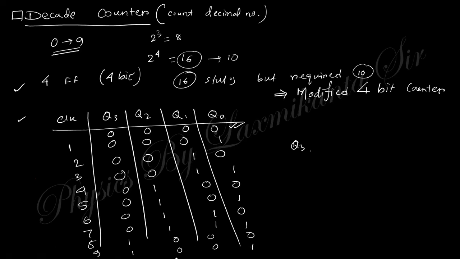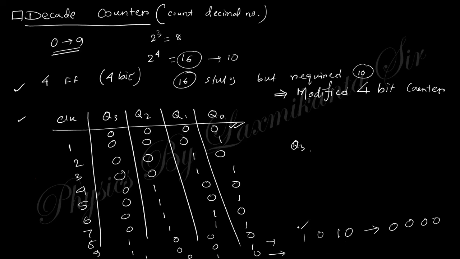Actually for next state, this becomes 0, 0, 0. So next state was 1, 0, 1, 0. This must be changed into 0, 0, 0, right? Next state 1, 0, 1, 0 must be changed into 0, 0, 0. So this is changed to 0, 0.